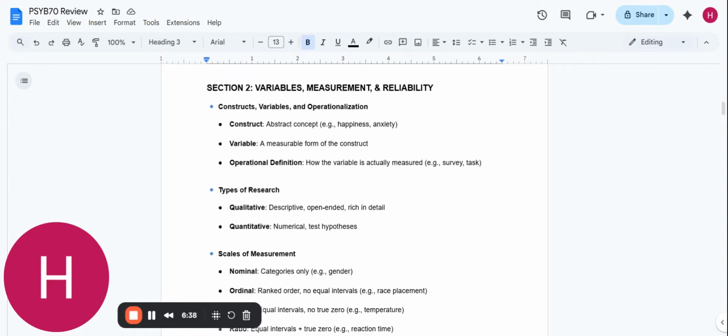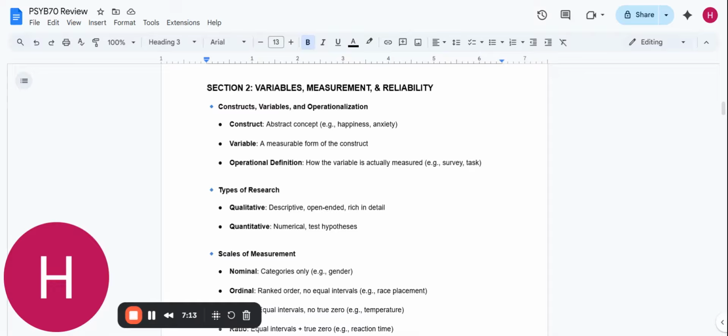So now let's talk a little bit more about the variables, measurements, and different types of reliability that we have. First of all, we need to clarify some of the terms we have: constructs, variables, and operationalization. A construct itself is something very abstract. Let's say happiness, anxiety, or even quality of sleep. So constructs are usually the perceptions that we have of different things, and they are abstract, so they're not scientifically well defined.